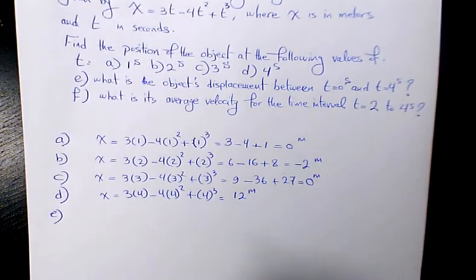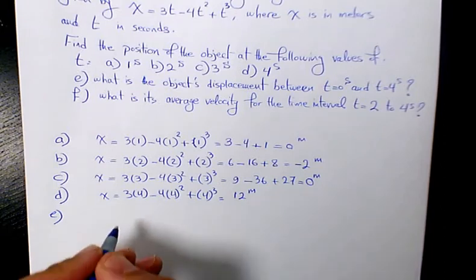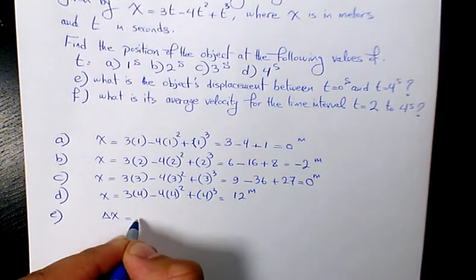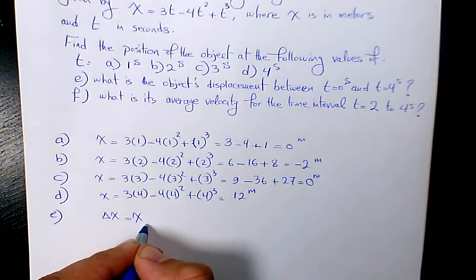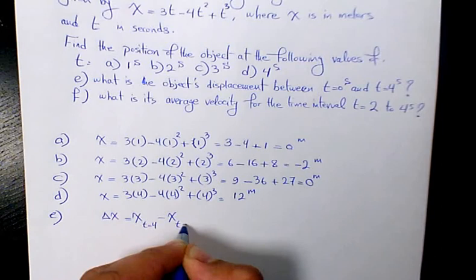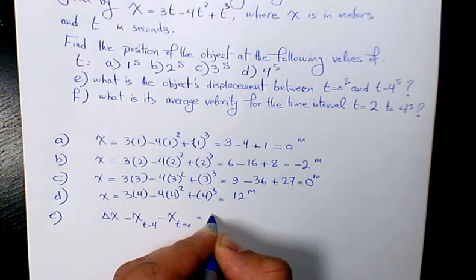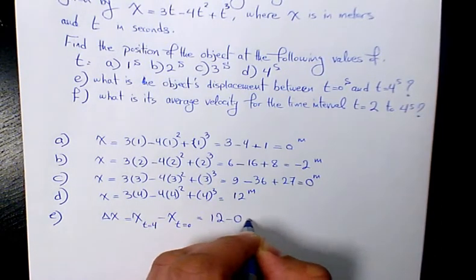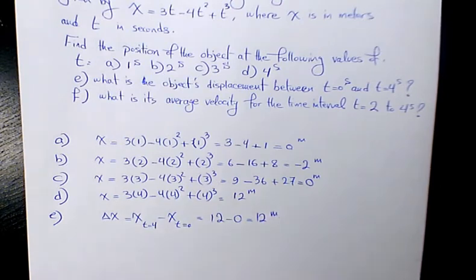Part E is asking for the displacement between time equals 0 and time equals 4. So delta x equals x at 4 seconds minus x at time 0. So it's 12 minus 0, which is 12 meters.